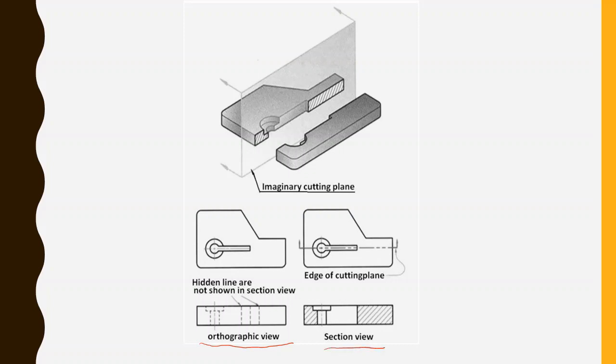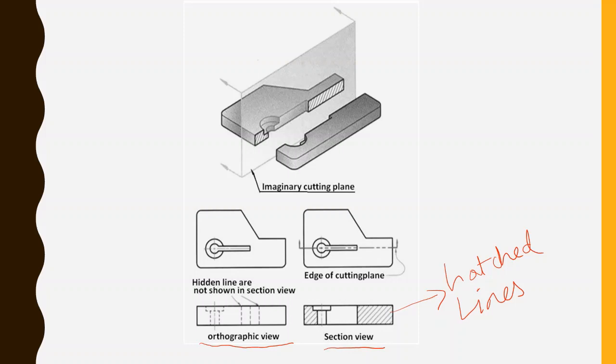Here, the object which has been cut by the cutting plane is drawn using hatched lines. This is nothing but hatched lines, and that is called hatching.